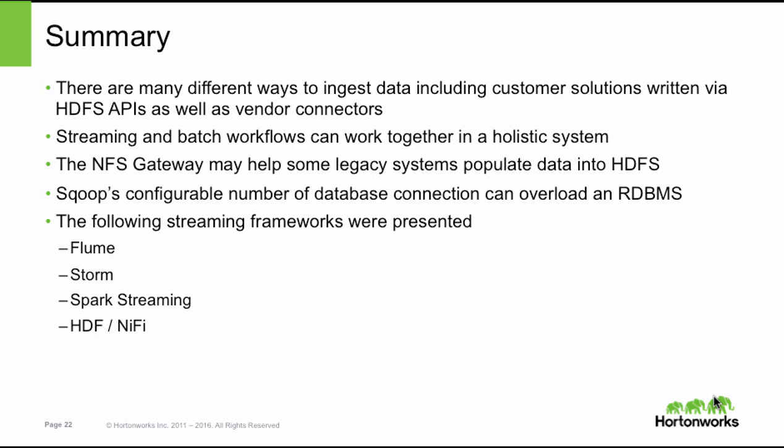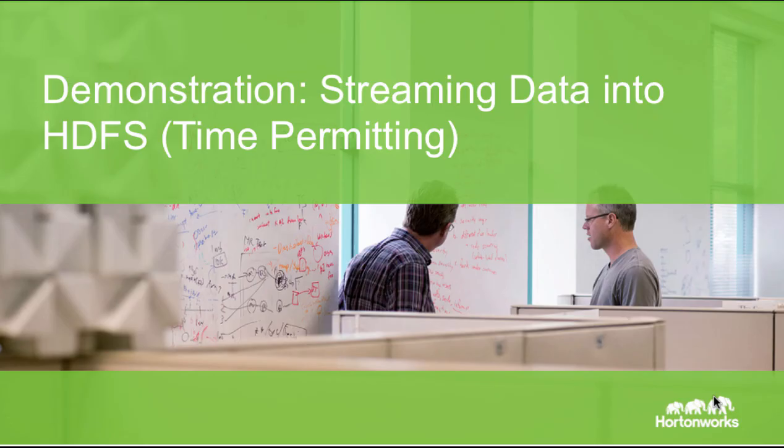I gave the warning that we want to be careful with Sqoop in our effort to consume data massively and quickly and get it into HDFS, not to make enemies out of our good friends, the DBAs. And we walked through these four very complementary and sometimes overlapping technologies in the streaming space: Storm, Spark and NiFi, as well as the classic Flume.